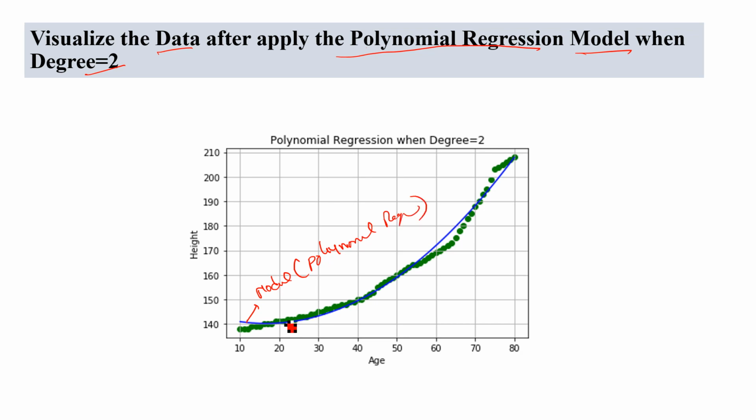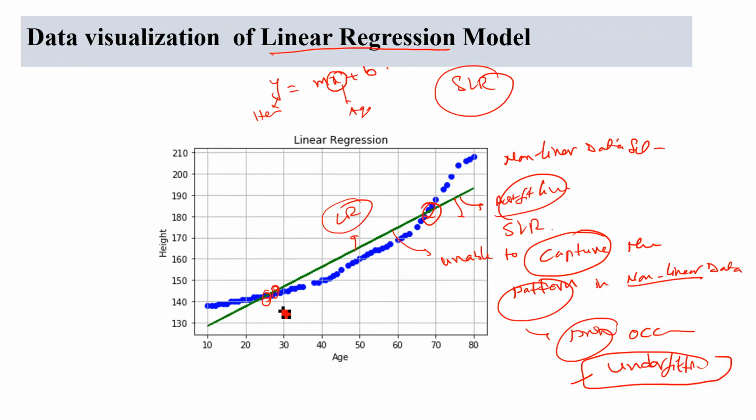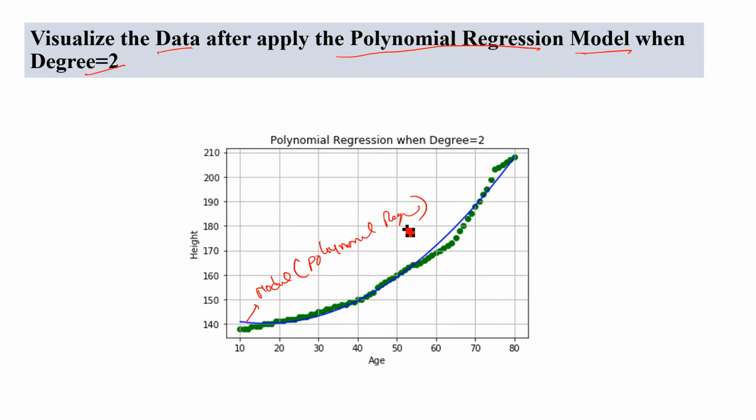This curve passes through most of the data points, not like the straight line. The straight line passes through only here and here. Compared to that model, this polynomial regression passes through most of the data points when the degree is equal to 2. What is the degree here? I will explain.